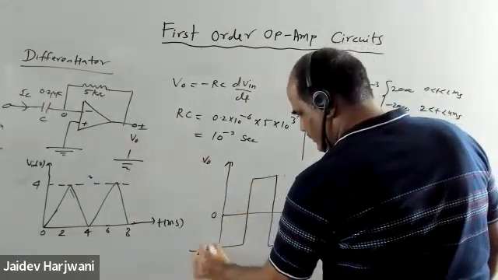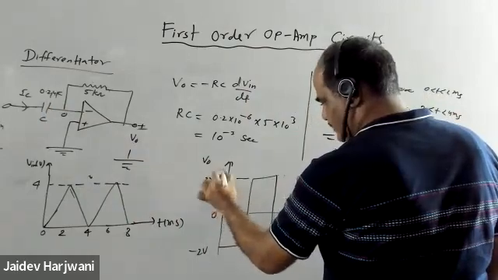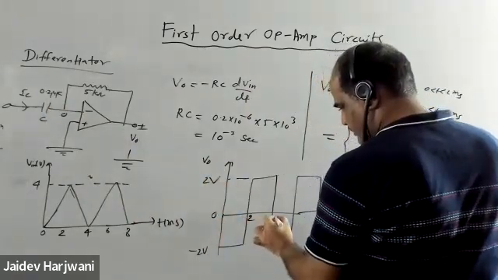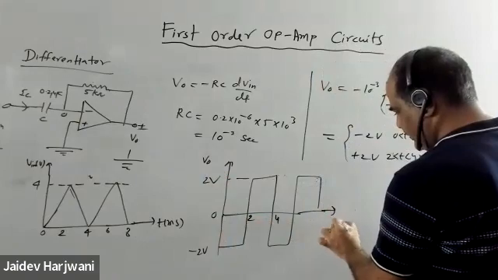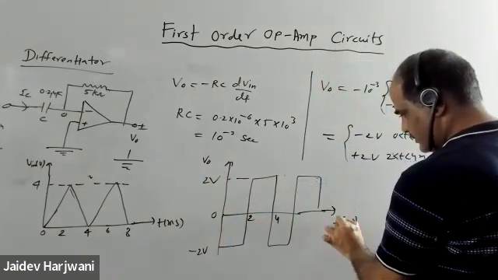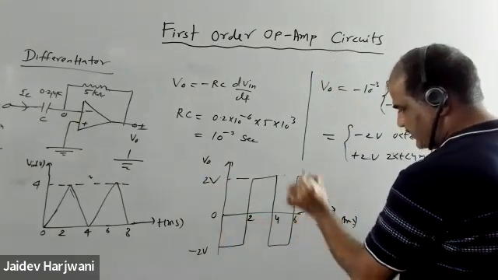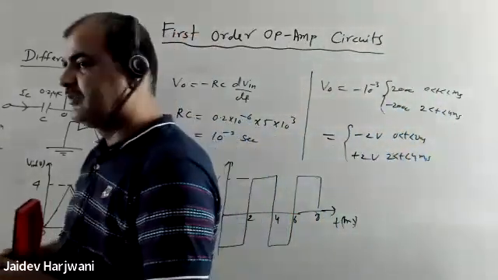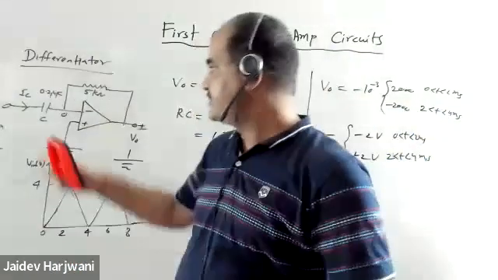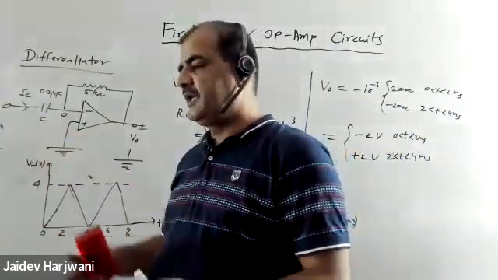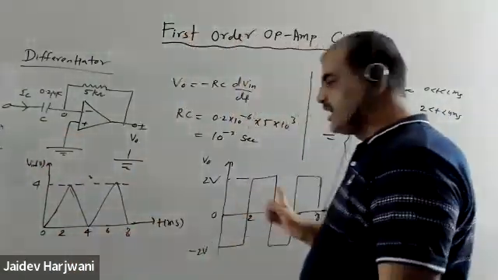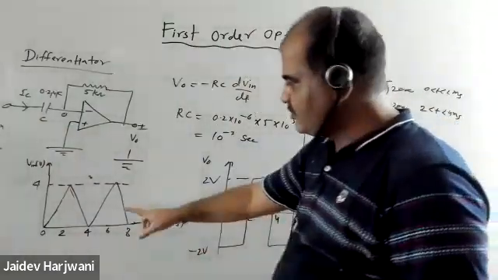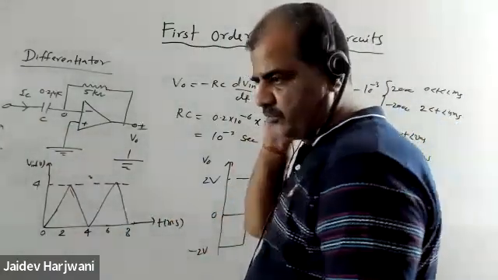This is -2 volts, this is +2 volts. This is 2, this is 4, and this is time t in milliseconds. This is 6, this is 8. So when you apply a triangular wave to the input of this op-amp, you get a square wave as output. The differentiation of a triangular wave is a square wave.